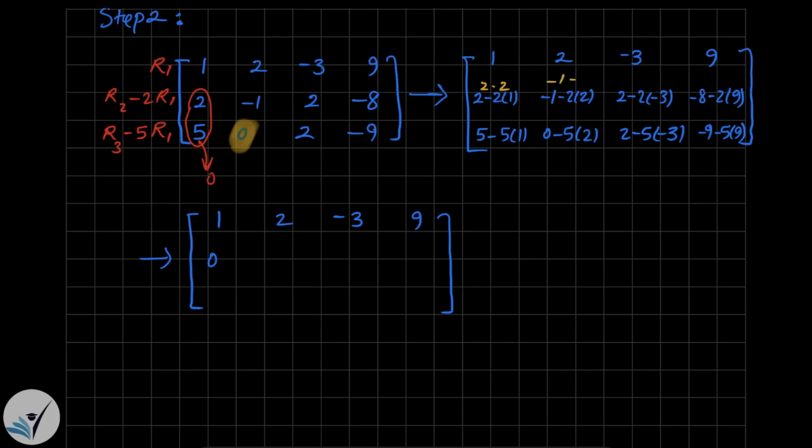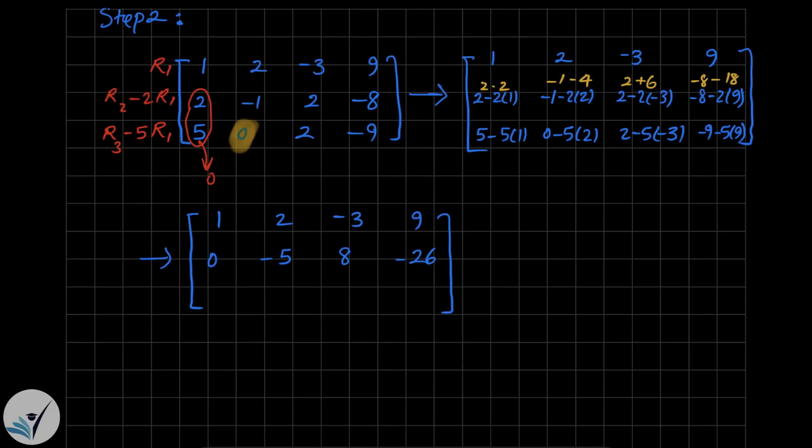Negative 1 minus 4 is negative 5. 2 plus negative 2 times negative 3 is positive 6. So we have 2 plus 6, 8. And negative 8 minus 2 times 9, 18.